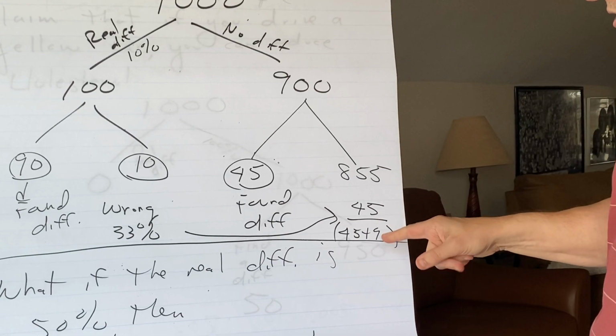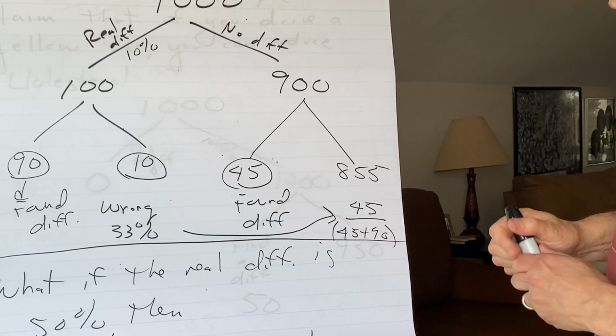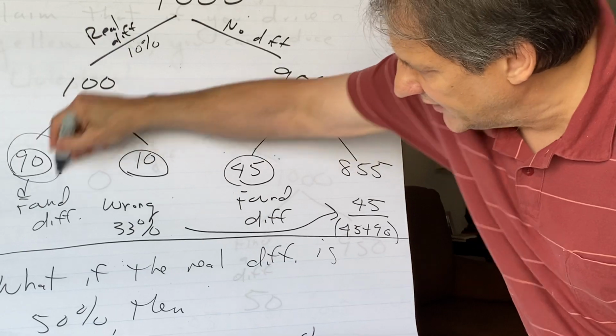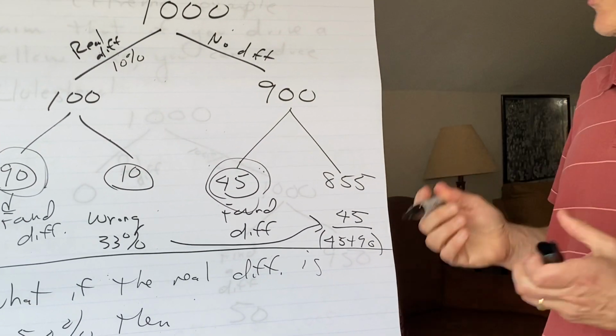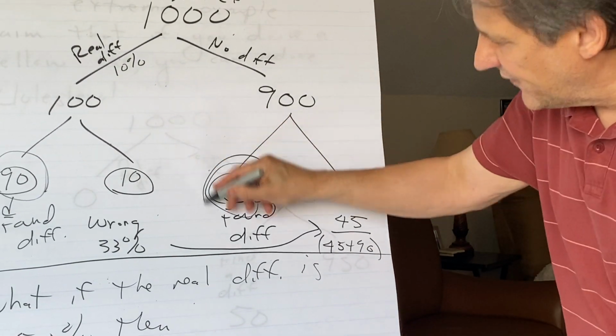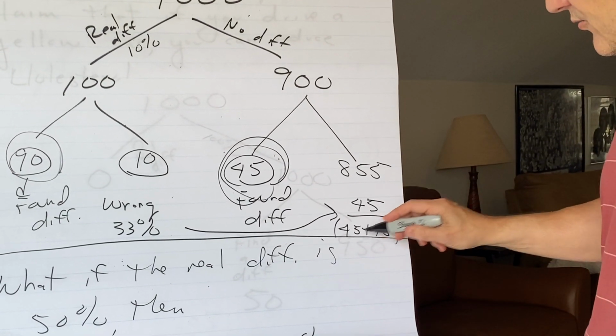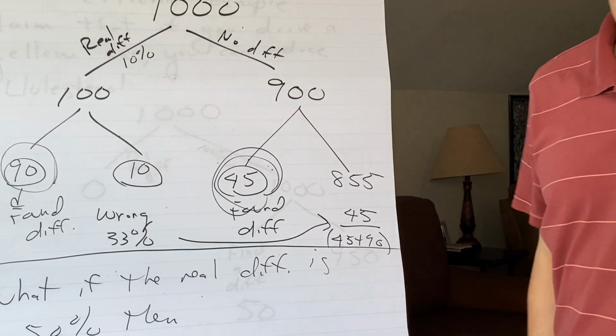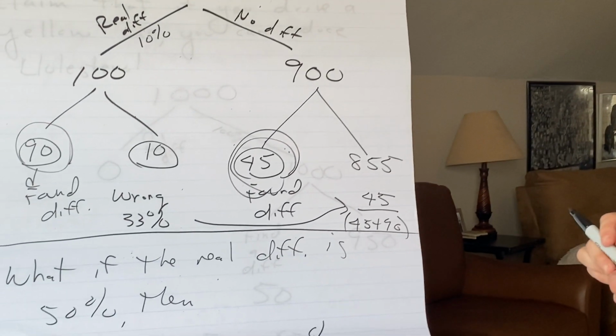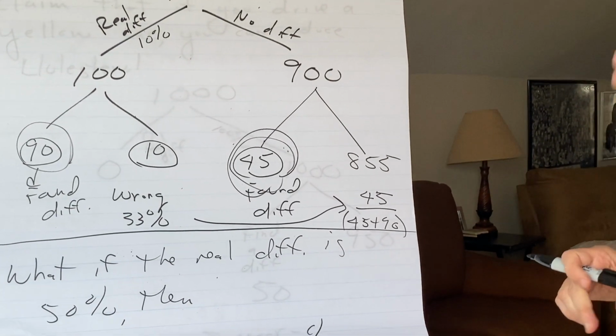What are we going to do? Out of 135 times, this plus this, that we found a difference, 45 times we made a mistake. 45 over 45 plus 90 is 33%. Actually, 1/3, approximately 33%. Okay.